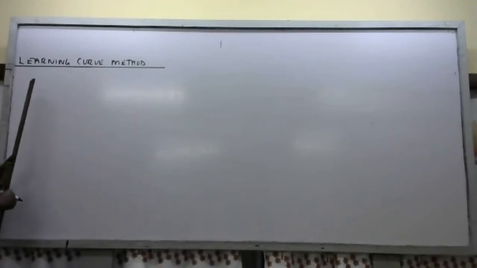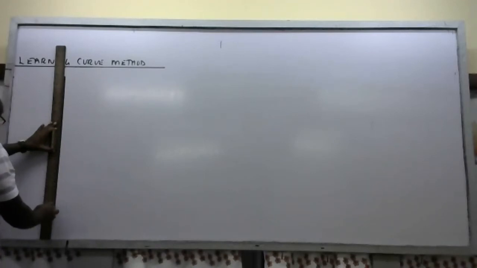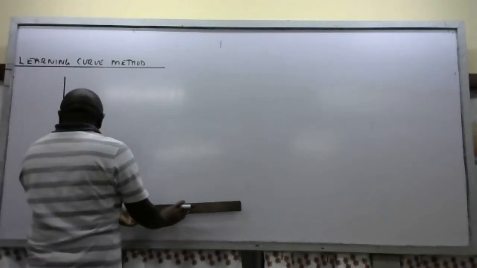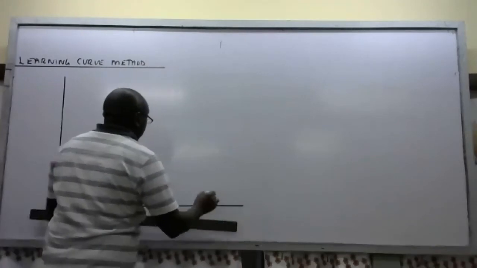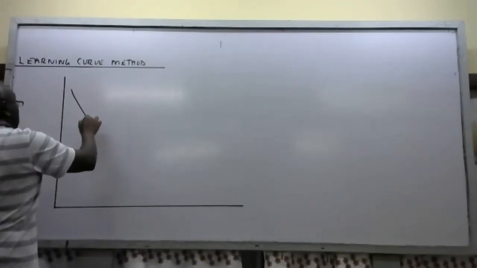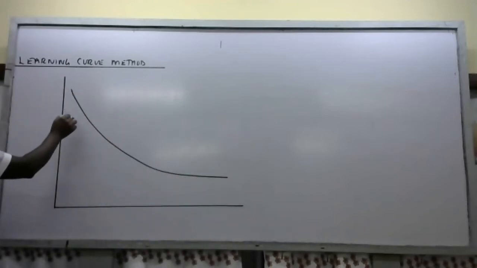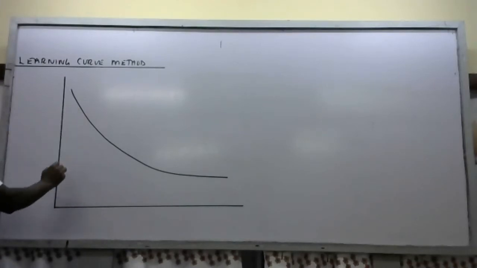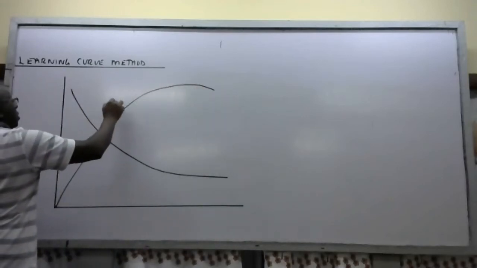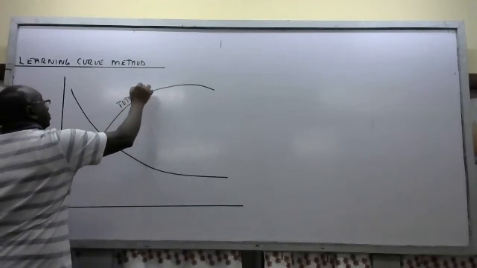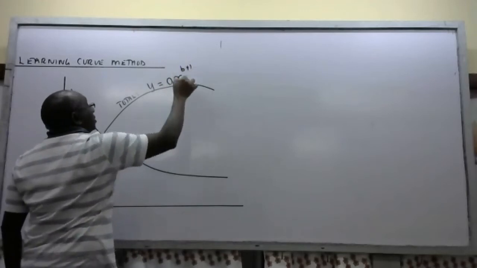It can be illustrated as follows. So this is total, and y equals ax raised to the power b plus 1.